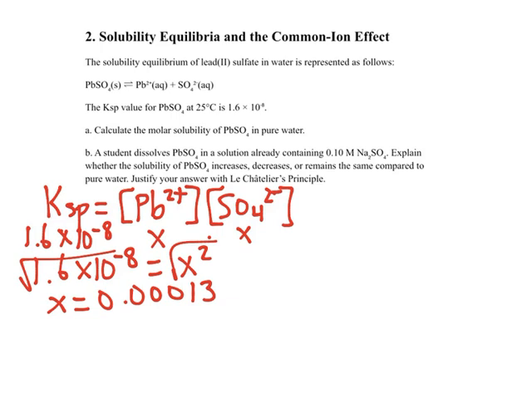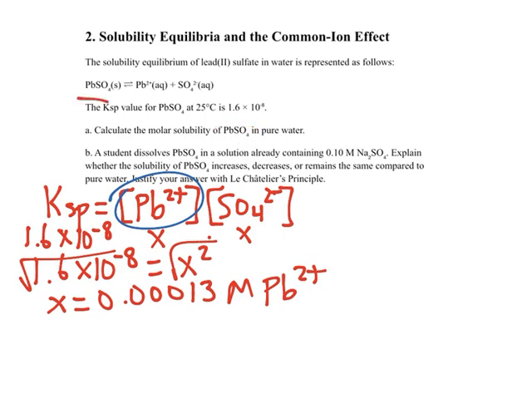Now I want to pause and think about what we just solved for here. We established x to be the concentration of the lead 2 ions, which is fine. Just understand that that means that's the molarity of the lead 2 plus ions. Now that does not technically answer this question as asked. We're looking for the molar solubility of PbSO4. In other words, what molarity of PbSO4 is able to dissolve in water.